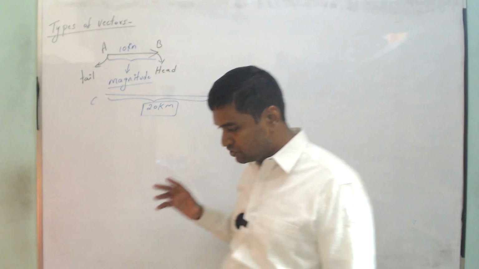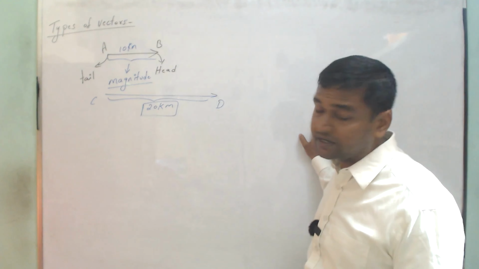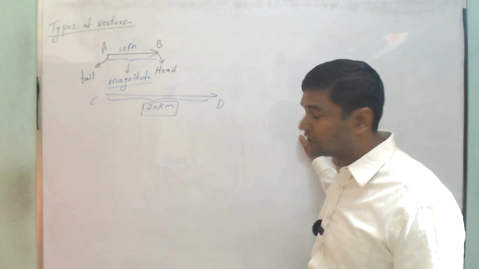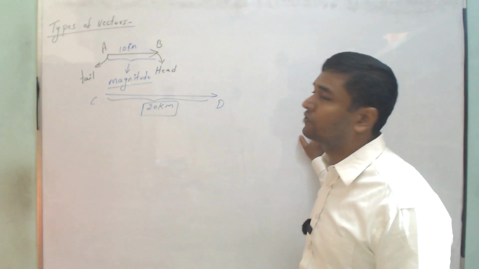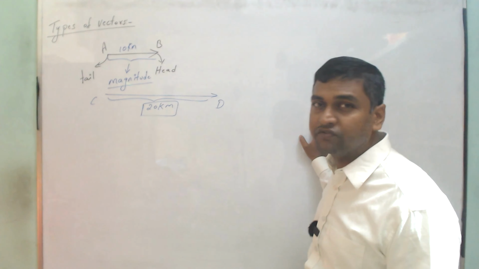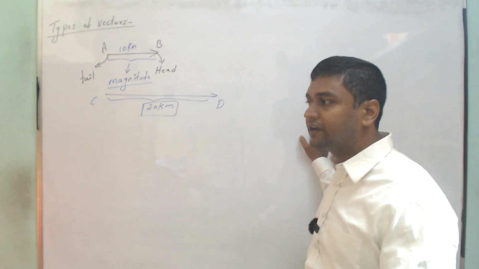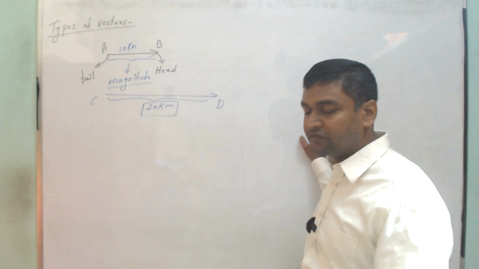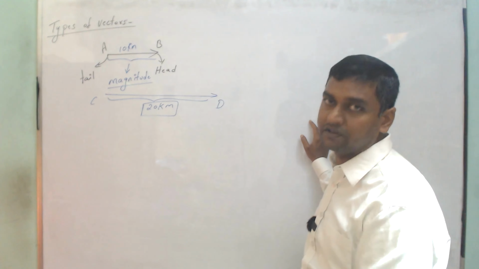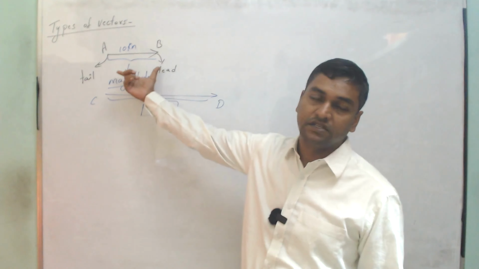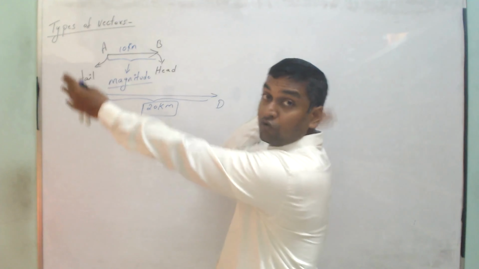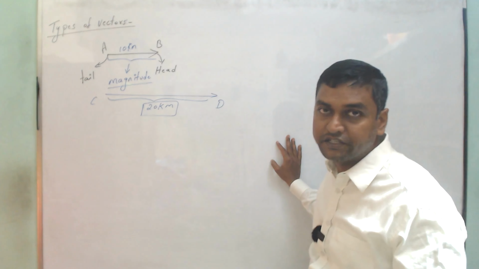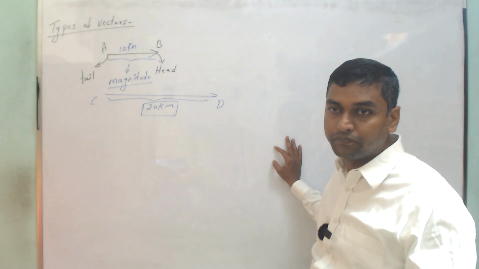So first, geometrically we need to understand that the arrow is denoting the direction of that particular physical quantity, and the length of the line is denoting the magnitude of that particular physical quantity, and it can be actually compared with one vector to another vector to another vector. So 10 kilometers is this much, 20 kilometers is twice of it, 40 kilometers is 4 times of it. Is this clear?